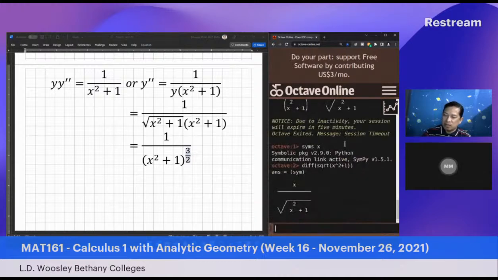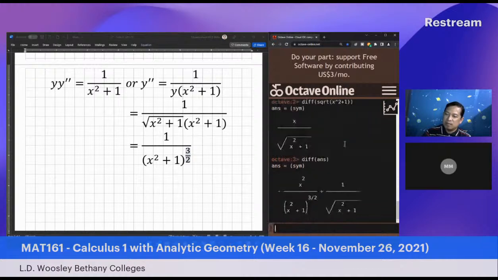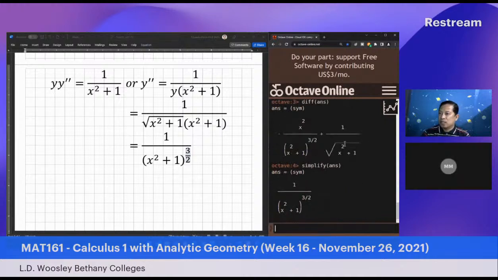Meron ka dapat sagot doon. That's the second derivative. And then we will simplify the answer. Oh, there you are. Tama. Kanina hindi pa natin na-simplify yun. So that's the answer.